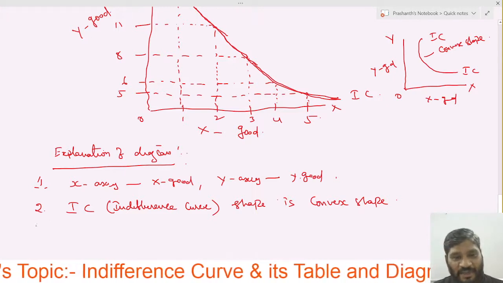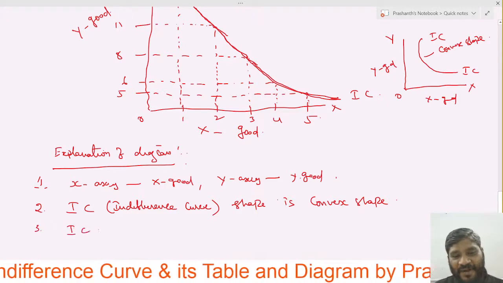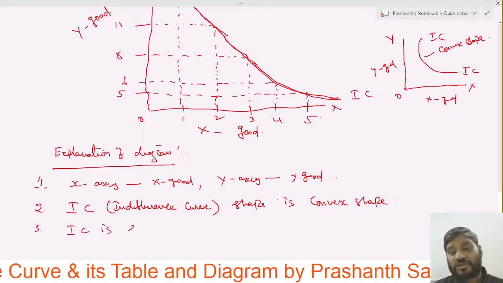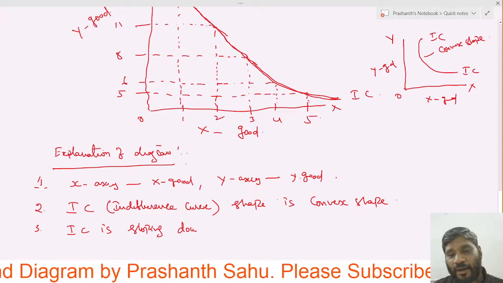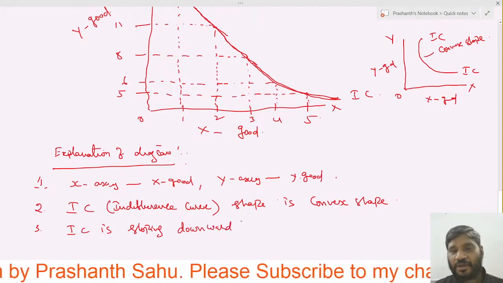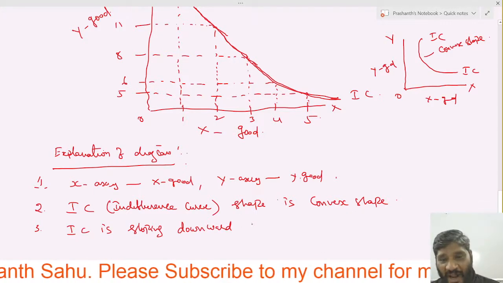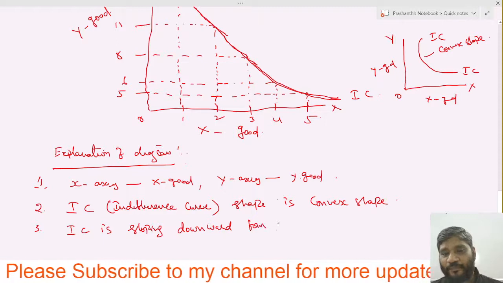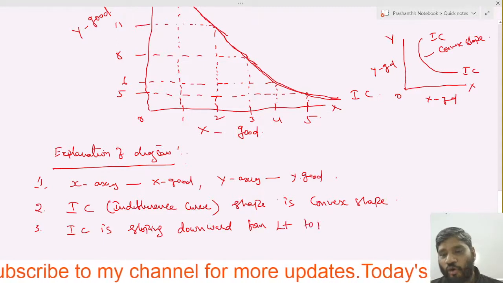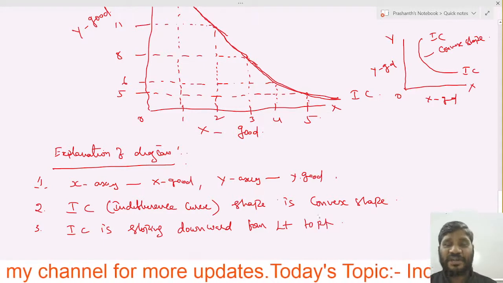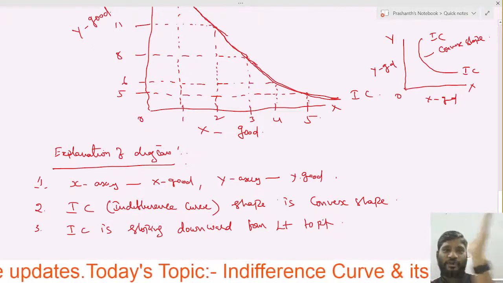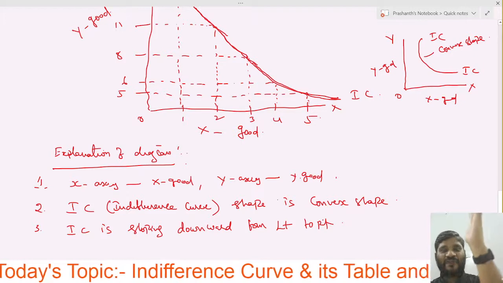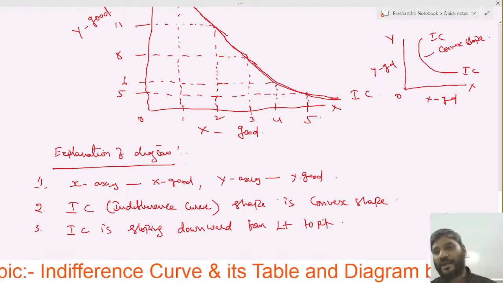And next, number 3. Indifference curve is sloping downwards from left to right. In your screen you see sloping from left to right. It is going towards the right side, starting from left and sloping towards the right.